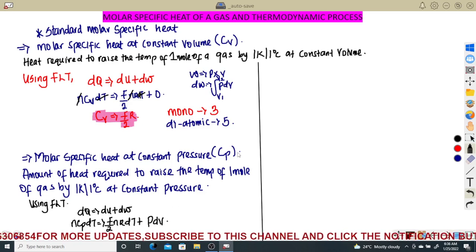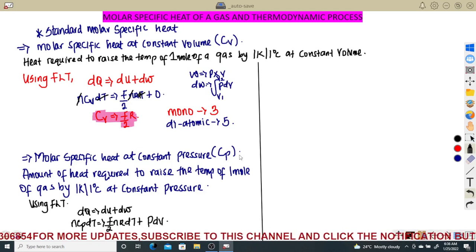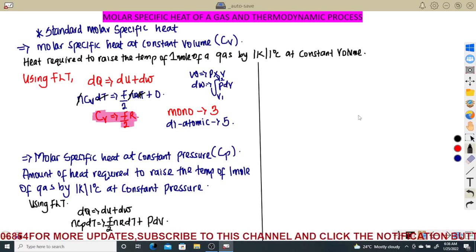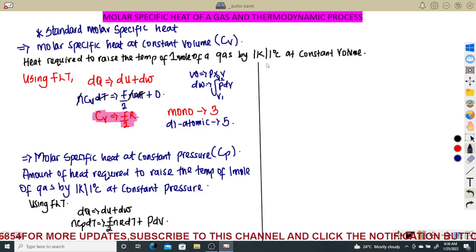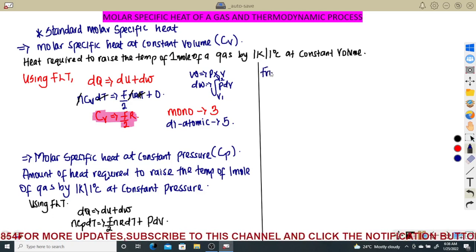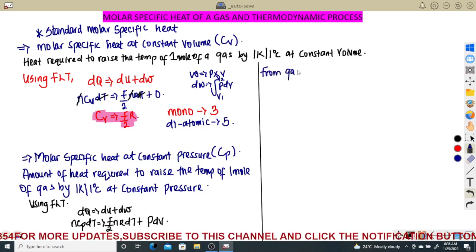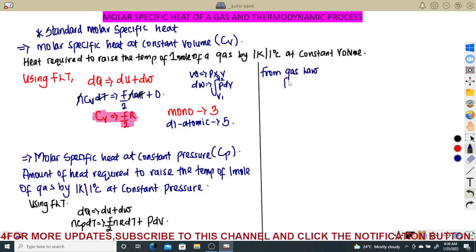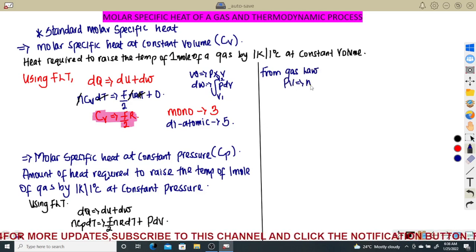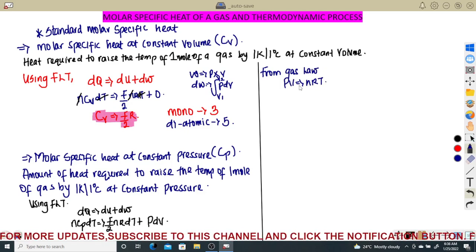Remember, you also need to understand something here because it's very important if you want to derive. I have to show this because most of your A-level questions ask you to derive this. From the gas law, PV is always equal to nRT, always valid. We've talked about all these things before.